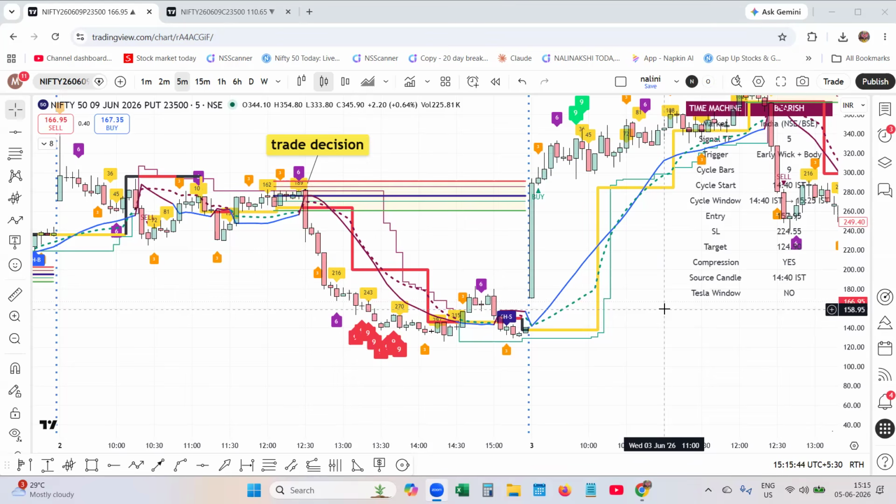Every day, the market breathes in cycles, and when you layer the Tesla window on top of the Nalini Time Machine Pro, something magical happens. The price starts respecting zones we have drawn hours before the candle even formed. Yes, friends, that I am going to show you now.